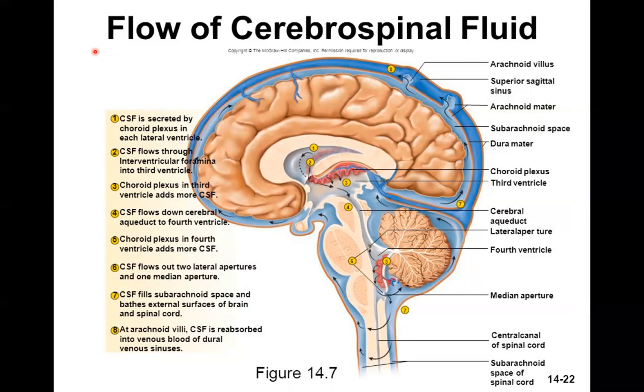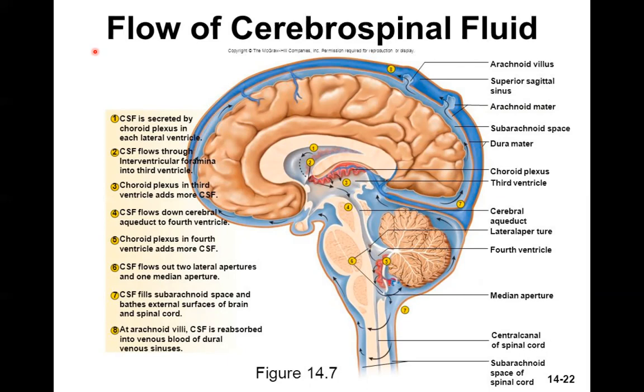So just like in a synovial joint, the bones are kept apart by fluid, the brain is kept separate from the bones of the cranium by the cerebrospinal fluid. It also acts as a vehicle for delivering nutrients to the brain and removing waste. And it can flow between the cranium and the spine to balance out the amount of volume that's inside of the brain.